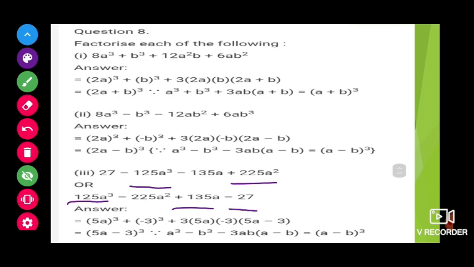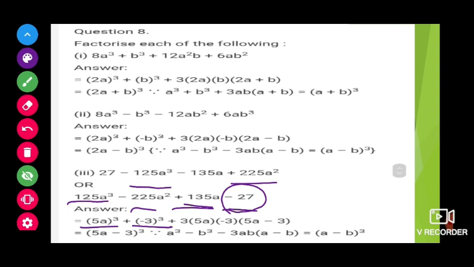Now from here again in the same way I am trying to make out the formula. 125a cube we can write as (5a) whole cube. Next, b cube we want. These two terms we cannot convert as a b cube. But minus 27 I can write as (minus 3) cube. Next what we want? Plus 3ab.